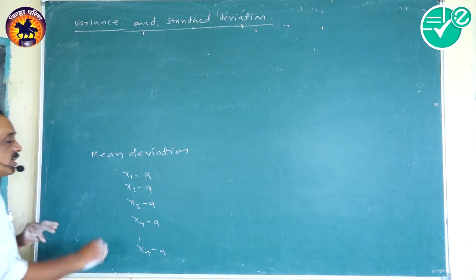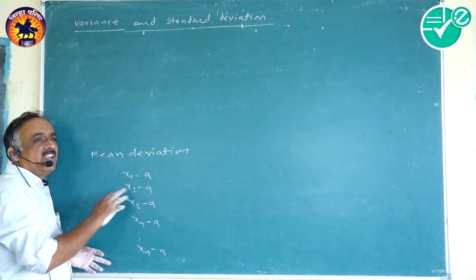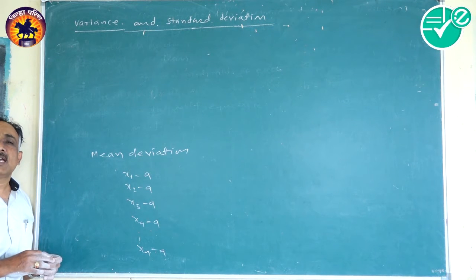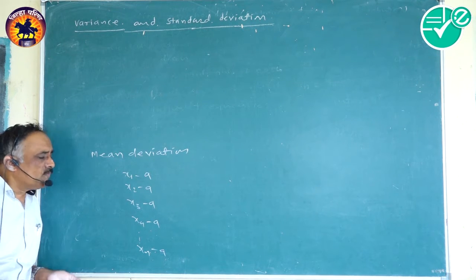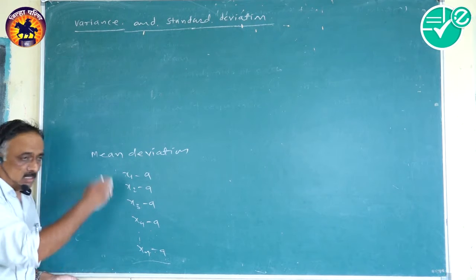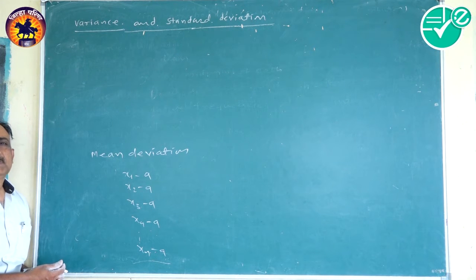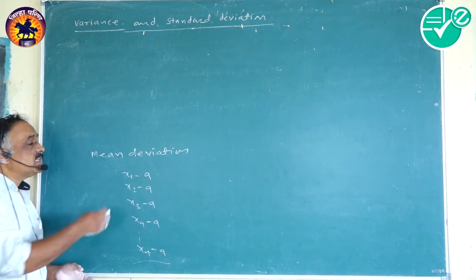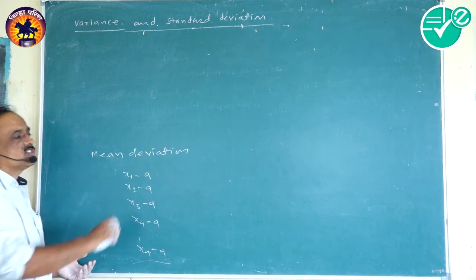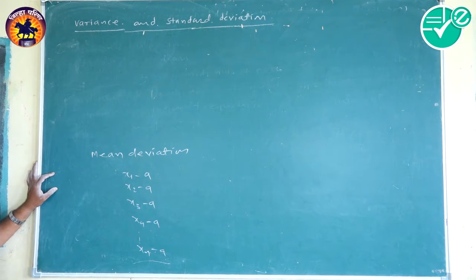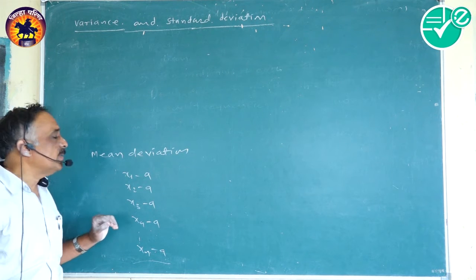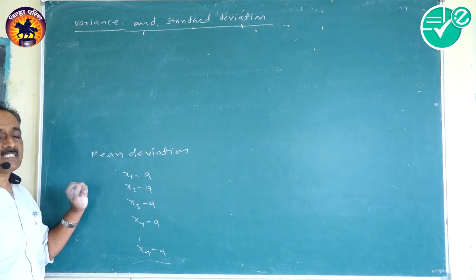Then we think that some of these deviations are negative, whereas some are positive. So obviously some of these deviations may be 0, and therefore the mean of the deviations will not represent the spread of the data about the central tendency.